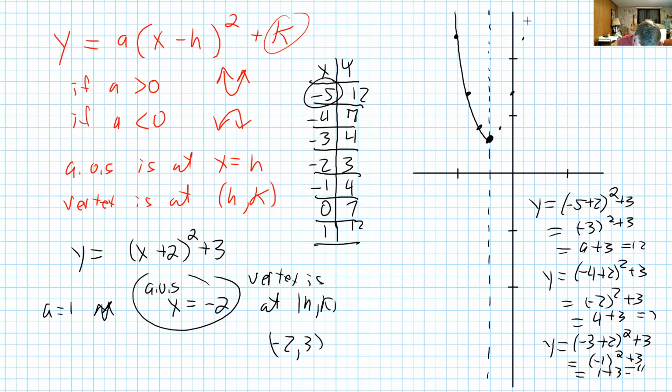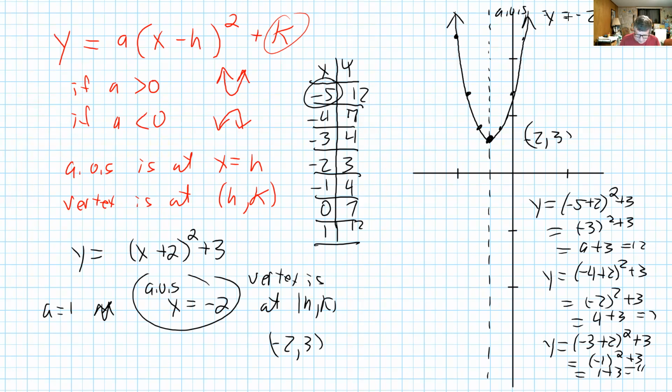We get this graph. The vertex is at (-2, 3). The axis of symmetry is x equals -2. So again, finding the vertex, plugging that into the table, and going to the left and the right with some integer values gives us a good shape to graph.